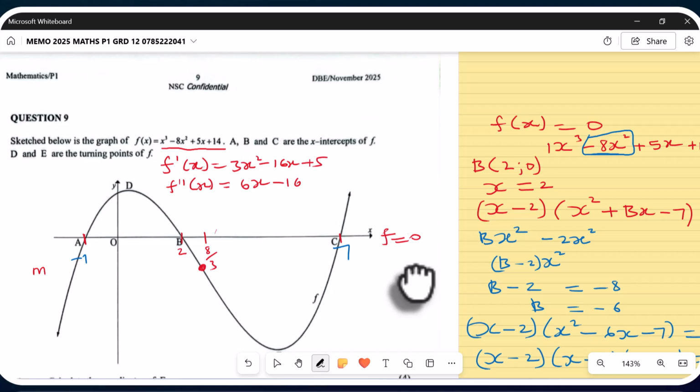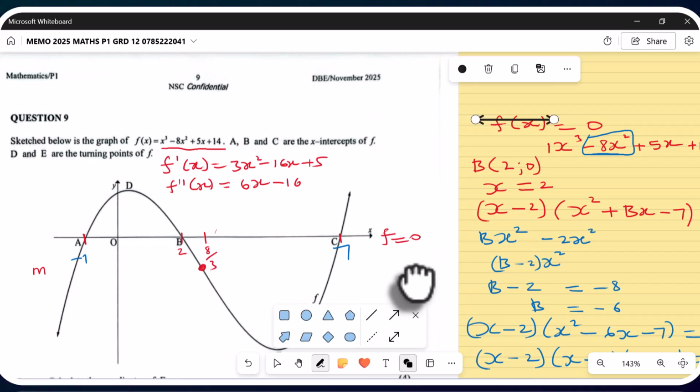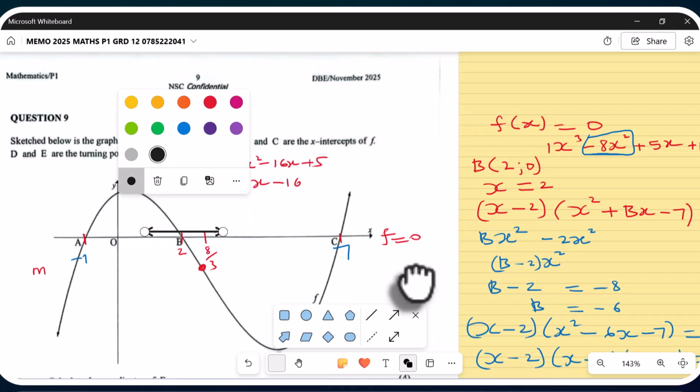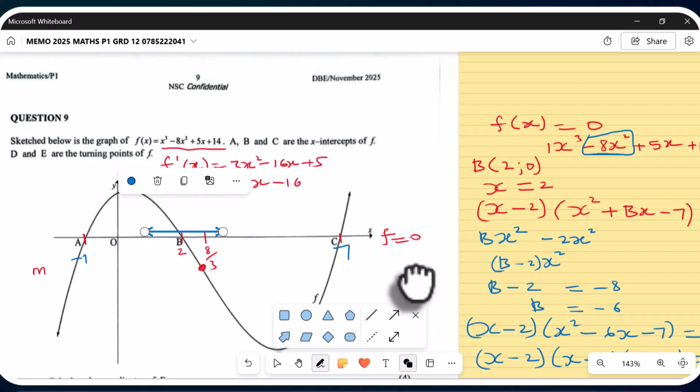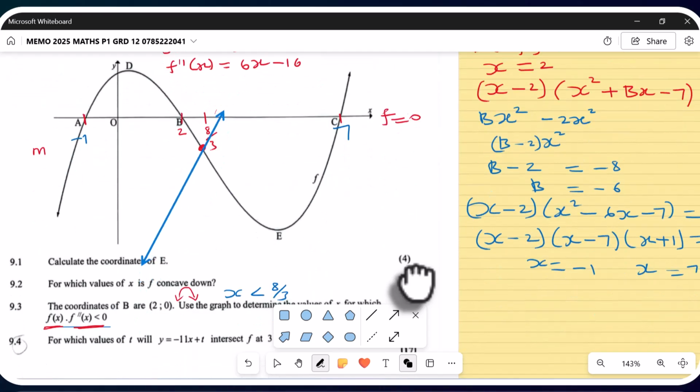If I decide to draw it, it is passing through the x for the point of inflection, this point here, the 8/3. Hope you guys can see it properly.